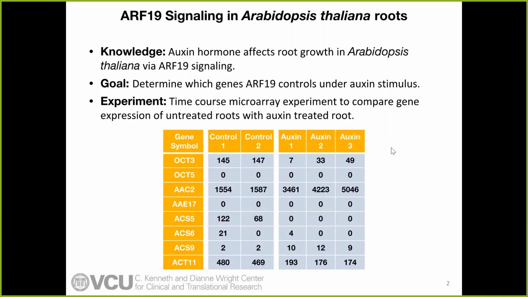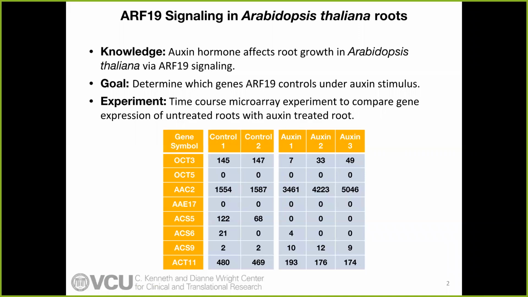So this is actually a use case that was done on the plant Arabidopsis thaliana. We were trying to figure out transcriptional pathways in the Arabidopsis roots. Specifically, we're looking at ARF19 signaling. From some previous microarray experiments that we did, we narrowed down on ARF19.